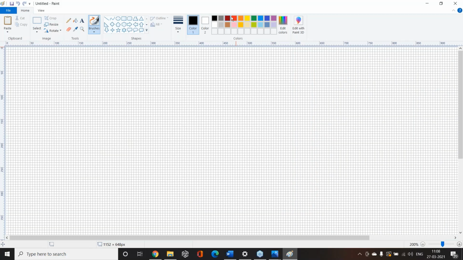Now, for example, we have a word yudh. This is how we write it in Devanagari. Here would be written as it is with matra u.